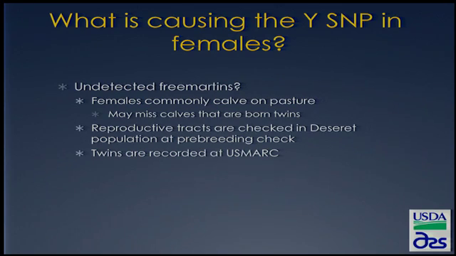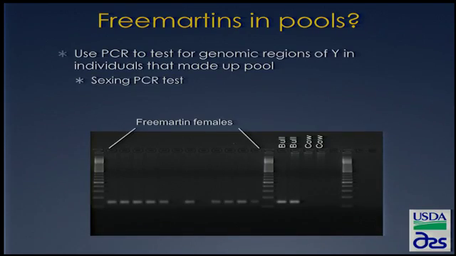And so they do a very good job of already culling out any freemartin that might be there. And then we also do keep good twin records here at US MARC to get rid of any freemartins, and so there shouldn't be any of those in our pools that we looked at. However, we still wanted to look at it just to see if it possibly is undetected freemartins.